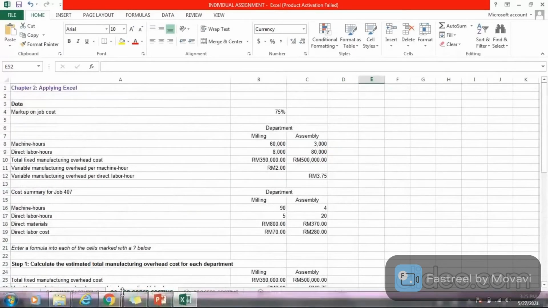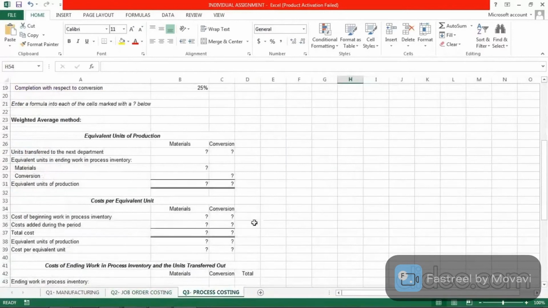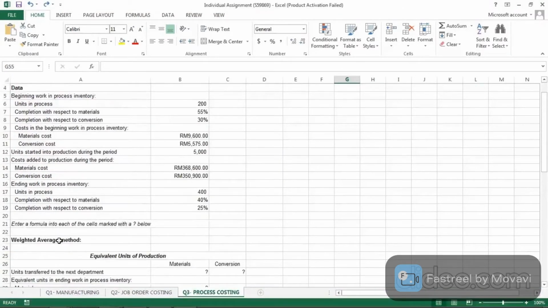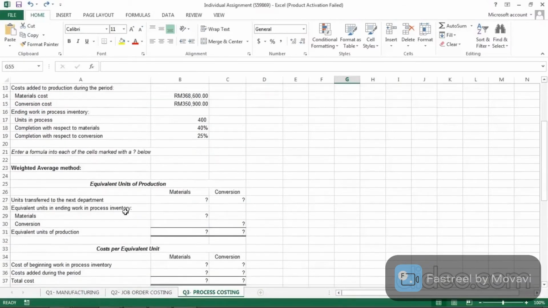Okay, so next question is question 3, process costing. For question 3, we will use the weighted average method. Equivalent units of production is the number of units transferred to the next department plus equivalent units in ending work in process inventory.